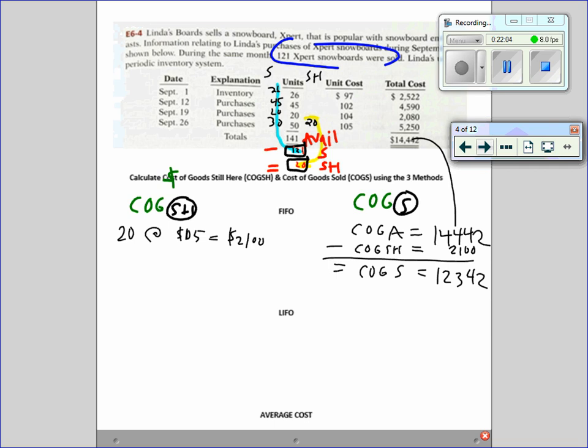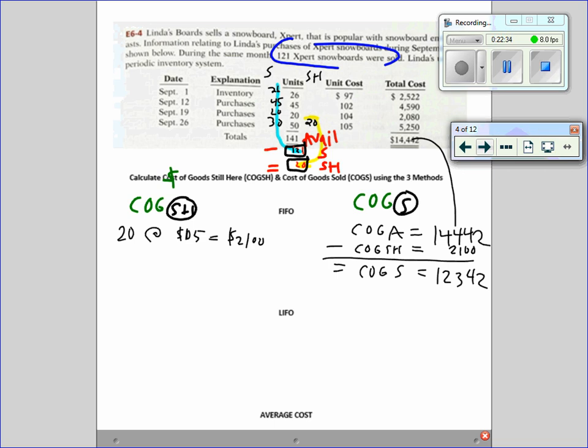Do you think these will all be reversed when we do LIFO? We're still selling the same 121 surfboards, the same 20 boards are still here, but it's all going to be flipped. The cost of goods sold is going to be higher because we're selling the more expensive surfboards.